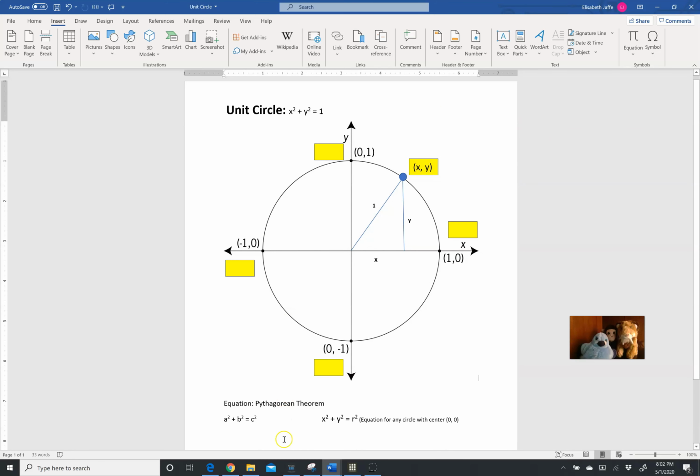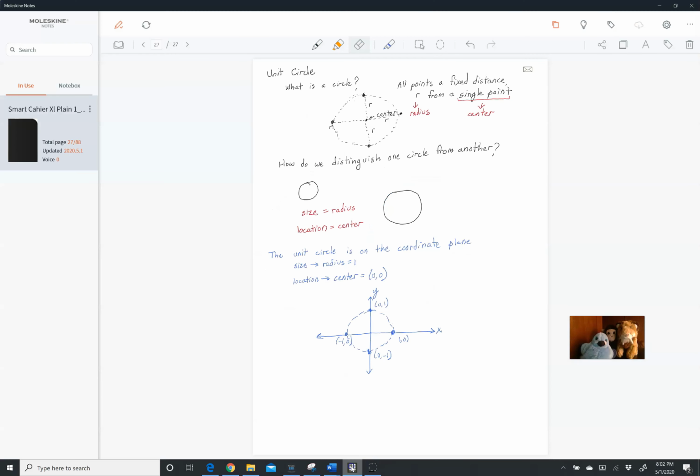And just to note that let's say that our center were at 2, 3. Well, if our center is at 2, 3, essentially what we did is we're translating the circle 2 units to the right, and we're also translating it 2 units up. So we would put that transformation inside here. Okay, so let's write that down. We're going to write all of this down.